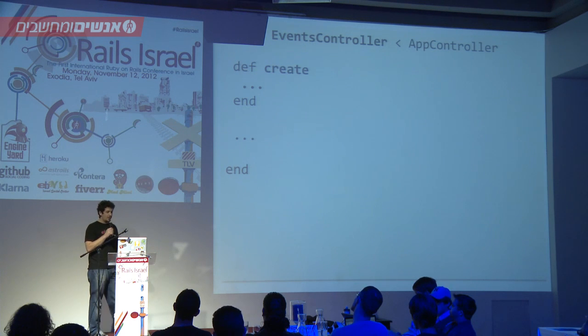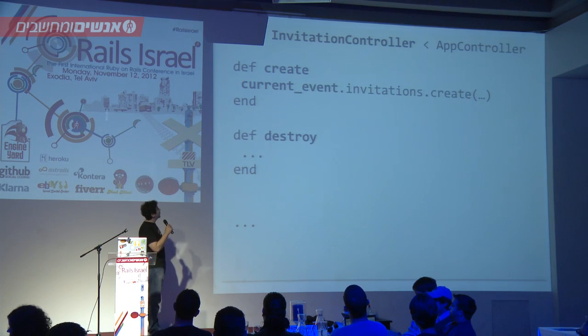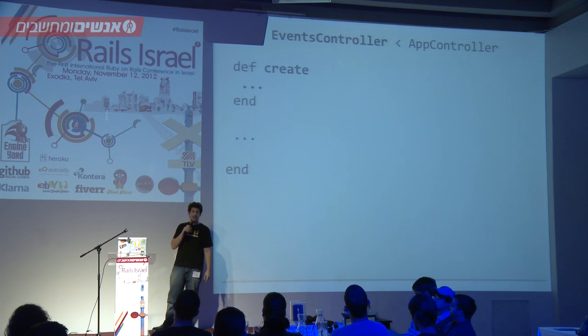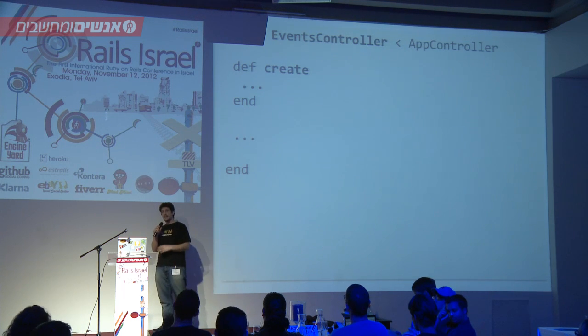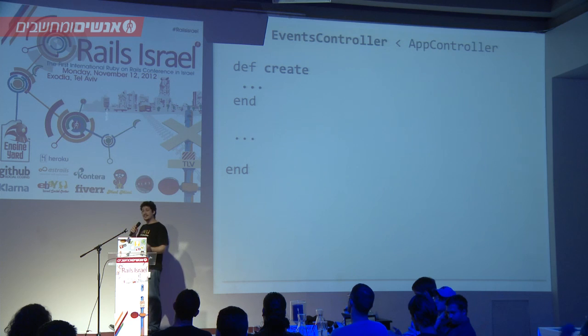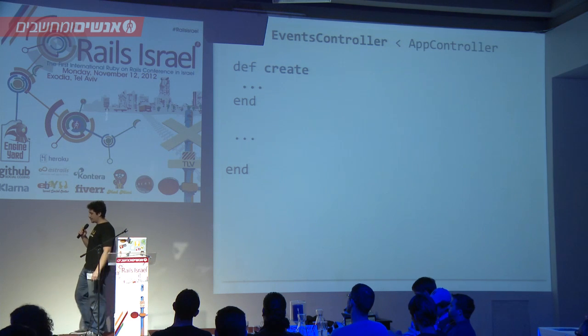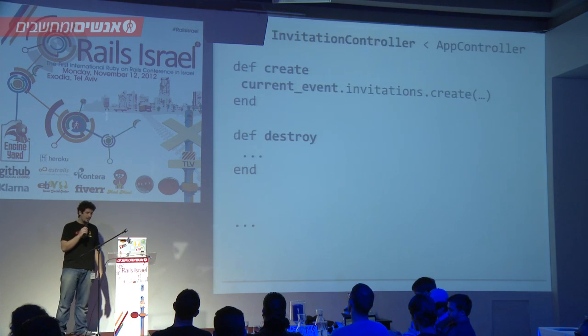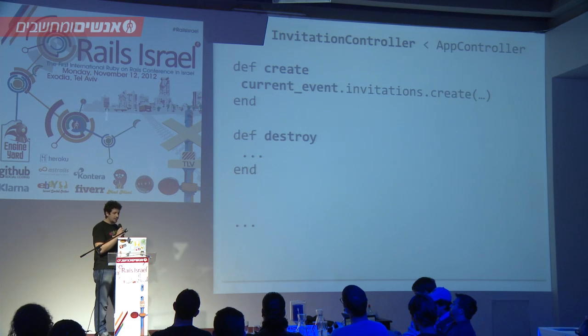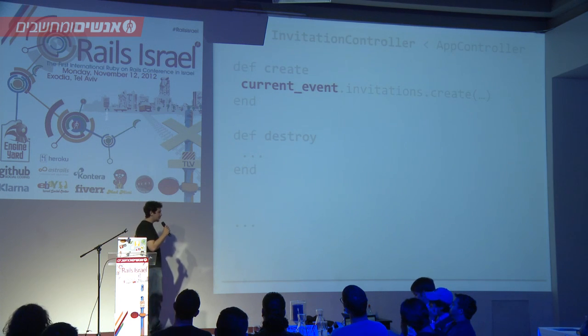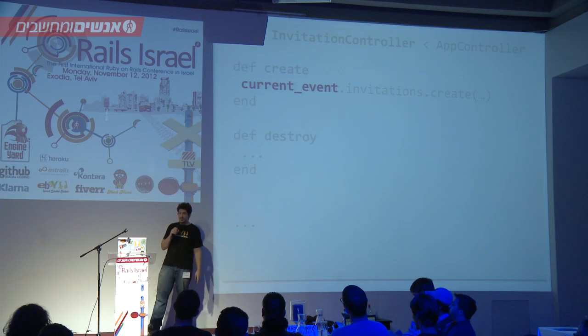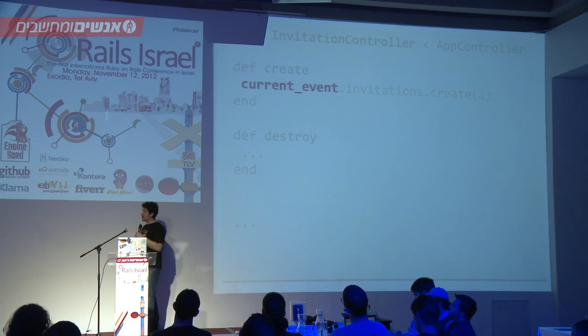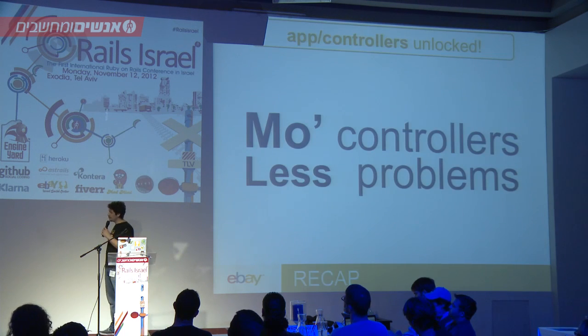And again, our tests are easier because we don't have to test invites in the events controller or events in the invites controller, and everything is separated and clean. Now, the only issue with extracting stuff to a nested controller is when you need to share functionality between controllers. And I'll talk about that in a second.